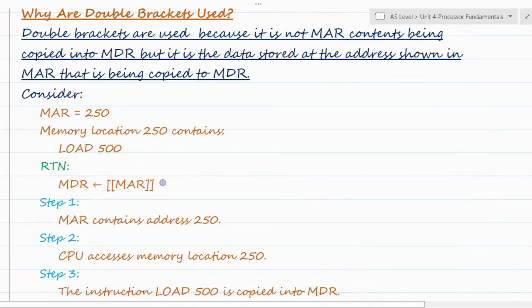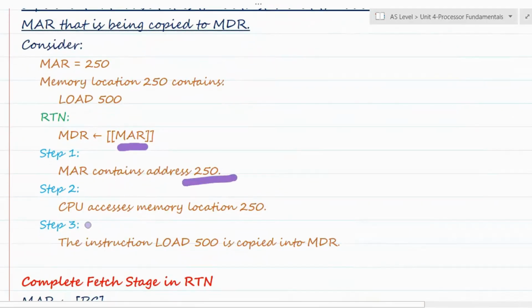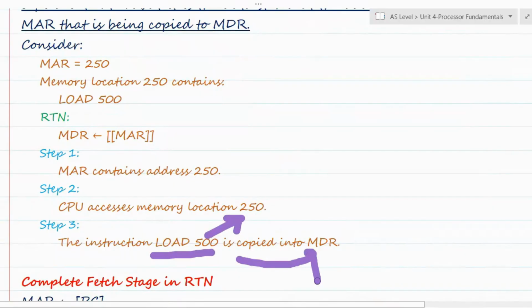We are putting that content to MDR, which is stored at the location saved in MAR. Correct? So MAR contains the address, the CPU accesses that address, which is 250, and then the instruction stored at 250 is copied into MDR. Right?